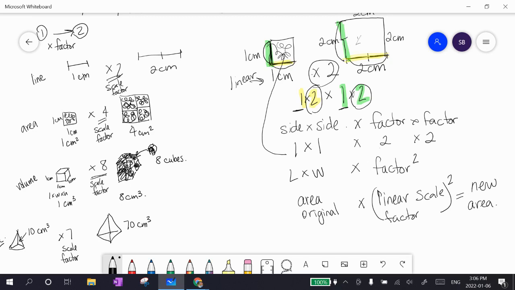And 4 centimeters is here, which is 1 times 2 squared.